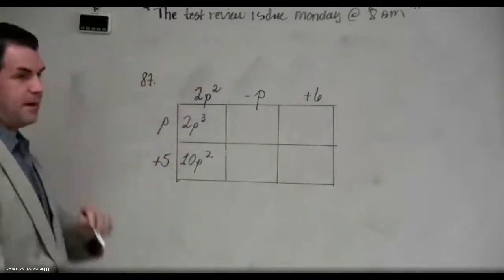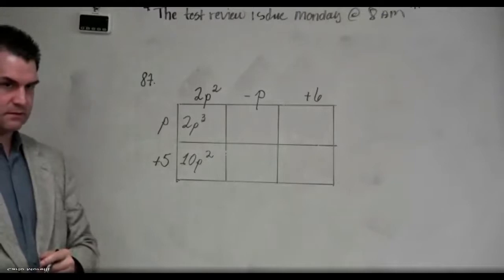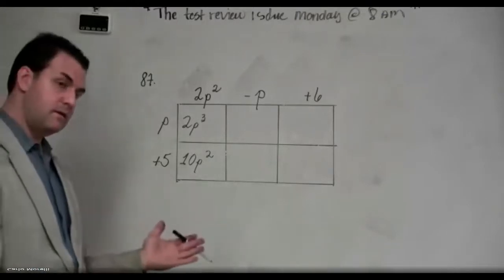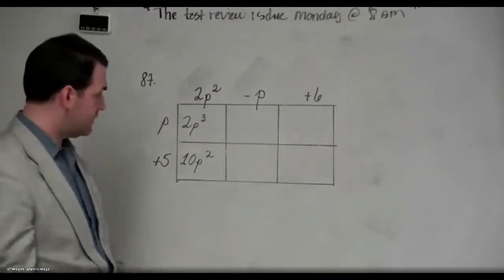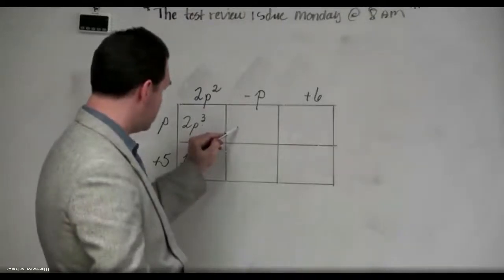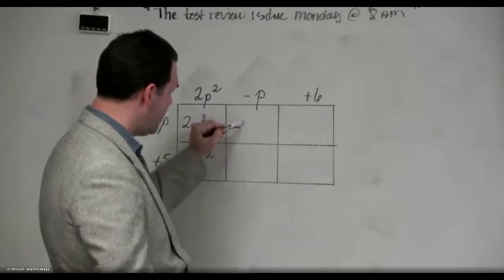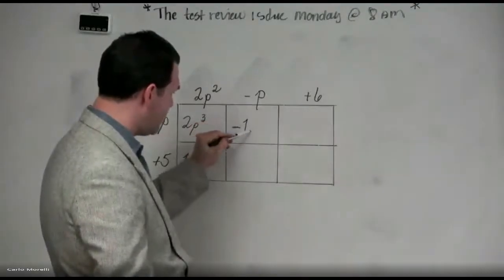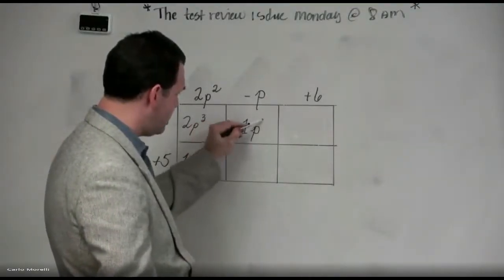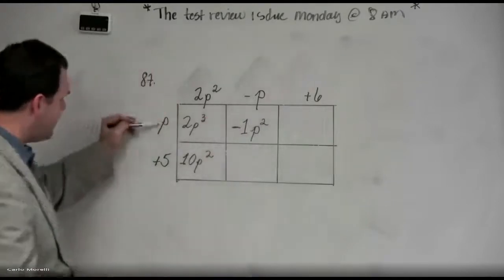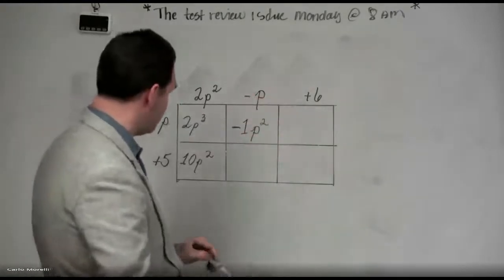Negative p times positive p, negative 1p squared. You're not required to write the 1, but it's going to help here in a minute, so you might want to go ahead and write negative 1p squared. How about p times positive 6?